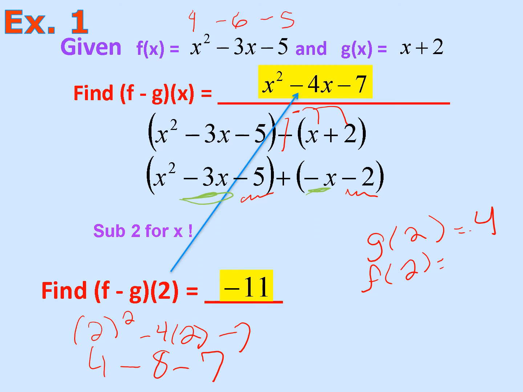So that would be negative 2 minus 5, which is negative 7. So I would have negative 7 minus 4, which is also negative 11. So it doesn't matter if you plug it into the simplified function or you plug it into each and then subtract the results. You're going to end up with the same answer.